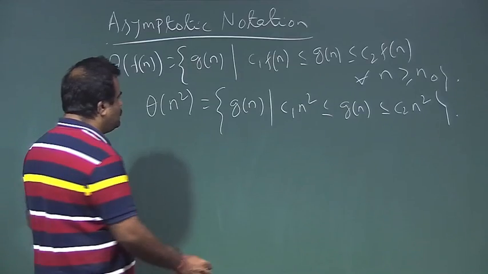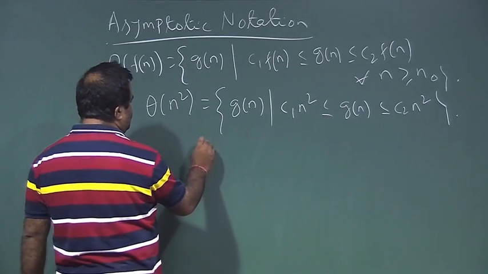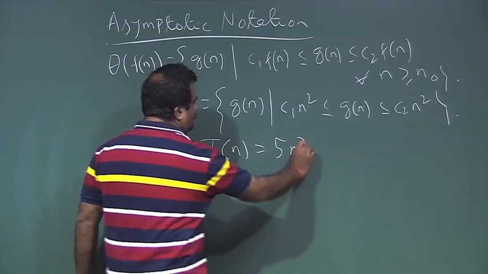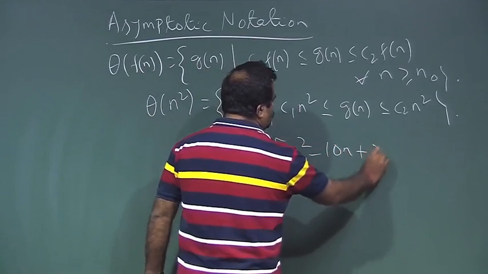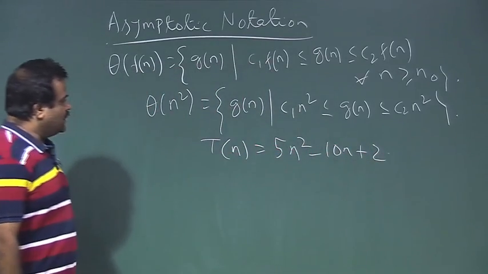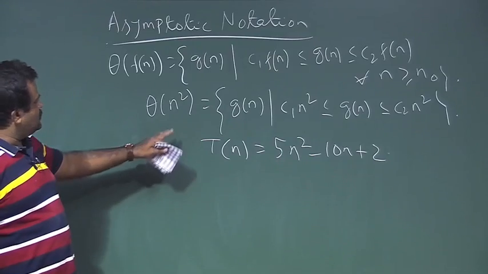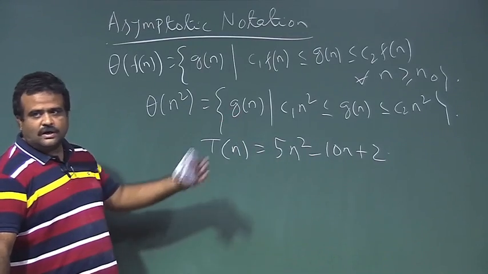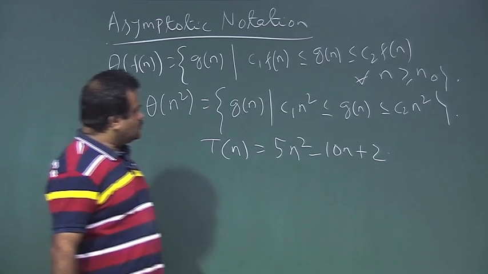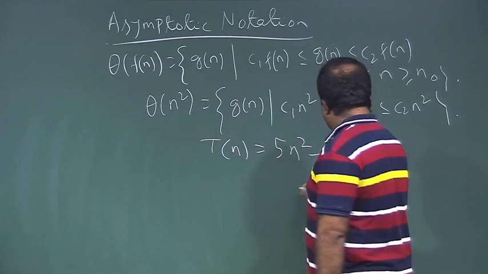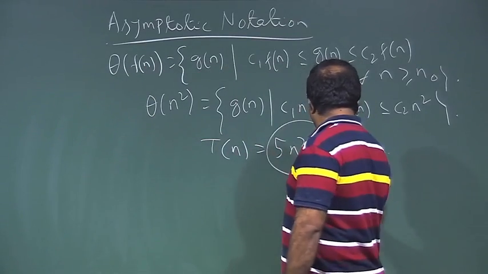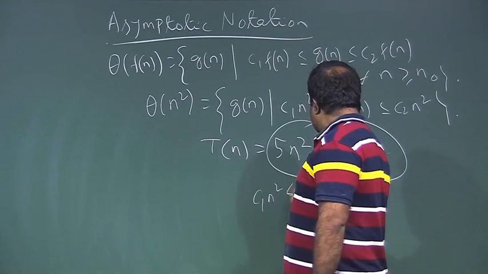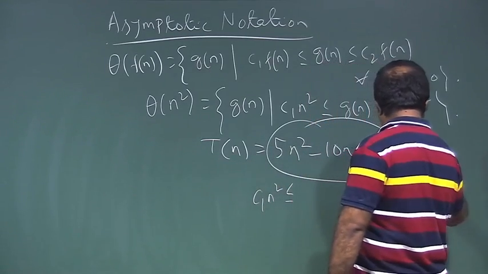So for example, if our time complexity is T(n), say 5n square minus 10n plus 2, we can choose some constants C1 and C2 suitably, after some n, such that C1 n square is less than or equal to this, less than or equal to C2 n square.